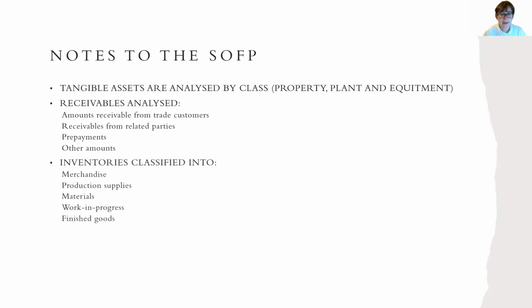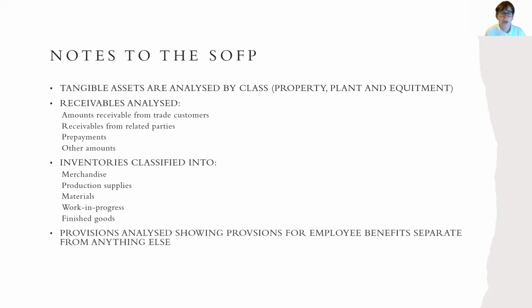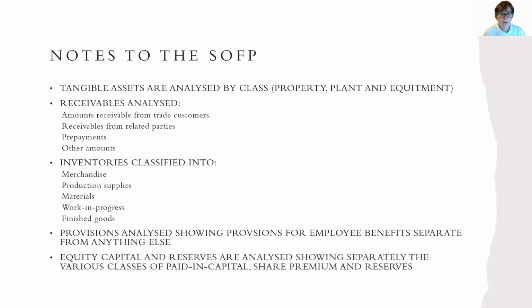We will also classify our inventories. So this will go into merchandise, production supplies, work in progress, materials, and finished goods. Provisions will also be analysed, showing provisions for employee benefits separate from anything else. Equity capital and reserves are analysed, shown separately. The various classes are paid in capital, share premium, and reserves also.